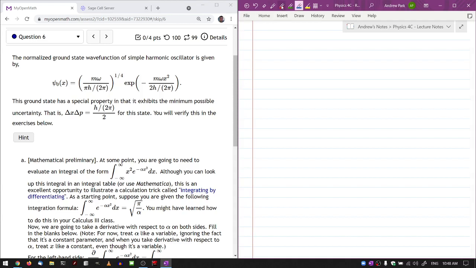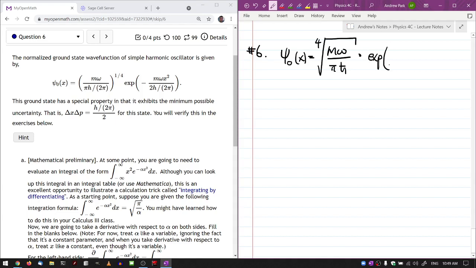This is question number 6. It's telling you the normalized ground state wave function. Psi of 0 of x is, let me write it this way, (m omega over pi h bar), again, I'll write down h bar for h over 2 pi. Here it's written as h over 2 pi because the grading system doesn't recognize h bar.